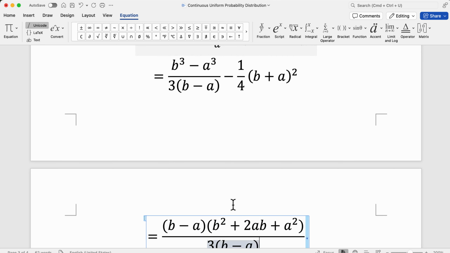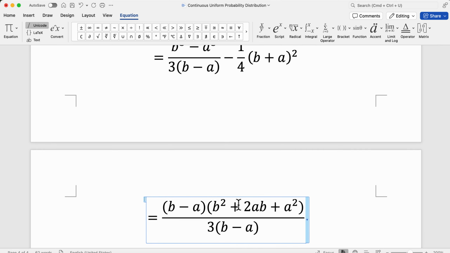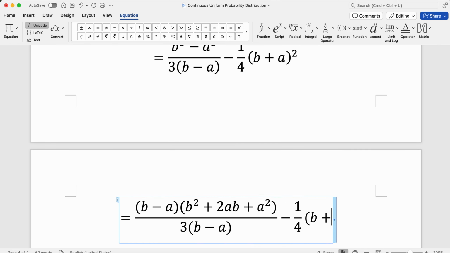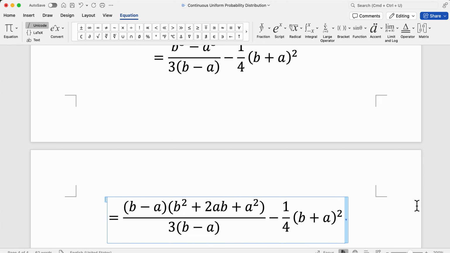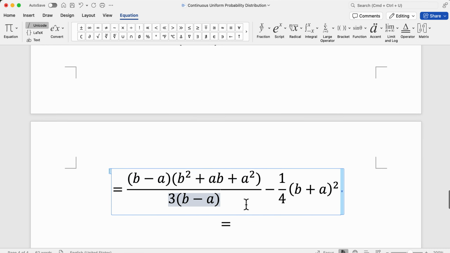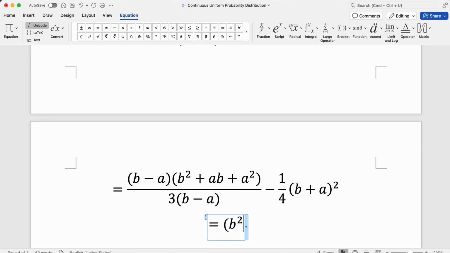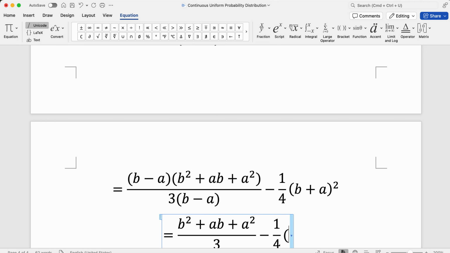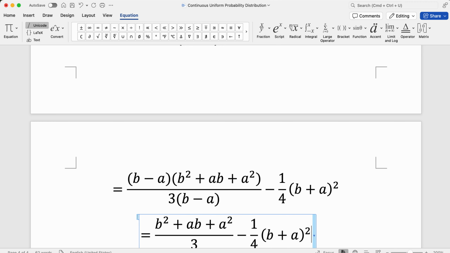Nope, it's a single term, so plus ab here. This is divided by 3 times b minus a, and it cancels out to this: b squared plus ab plus a squared over 3, minus a quarter b plus a squared.